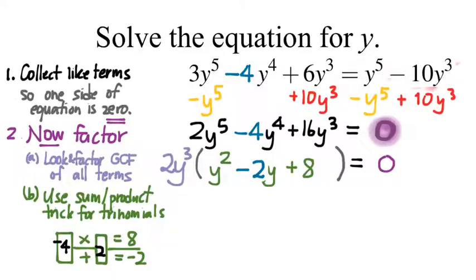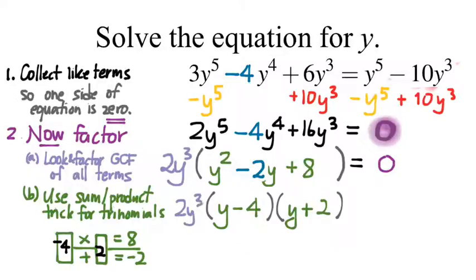So -4 and +2 wins the sum and the product game for this factorization. So that means that what I'll end up with in the parentheses is a y minus 4 and a y plus 2. And I still have 2y to the third sitting in the front. And I still have an equals 0 at the end of the line.